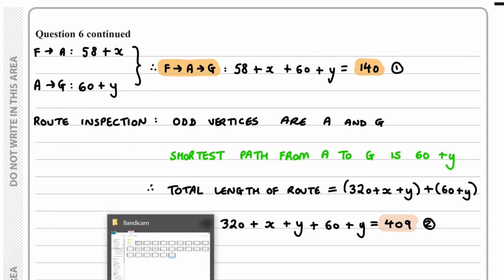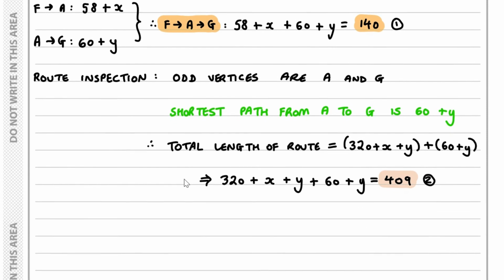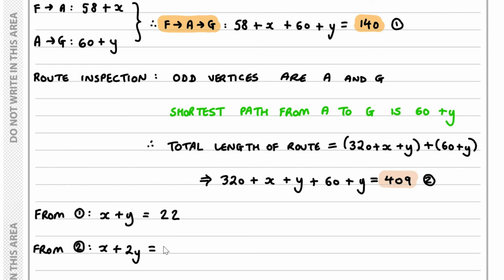If we solve those simultaneously, from equation 1, if we simplify equation 1, we have x plus y equals 22, and from equation 2, if we simplify this, you'd find we have x plus 2y equals 29.